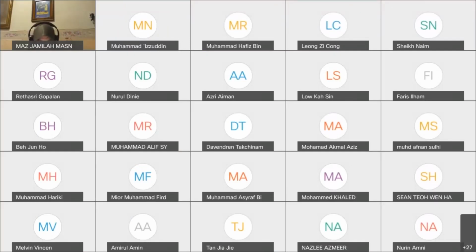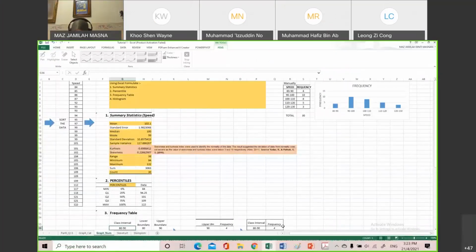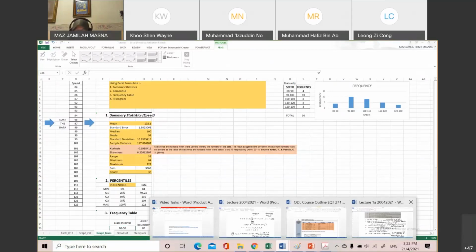Before we end the class, do you have any questions? Yes, doctor, I have one. Regarding the previous question, class A and class B: we say that class B is almost symmetrical, but arguably if we can spot that it's slightly skewed to the right, is it still accepted as an answer? Yes, because in statistics, everything must come with your reason.